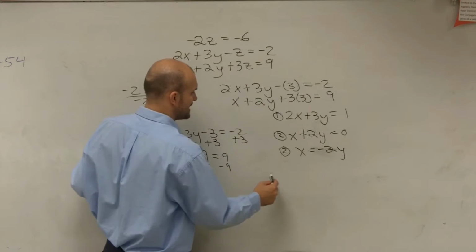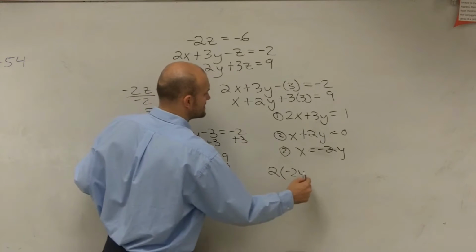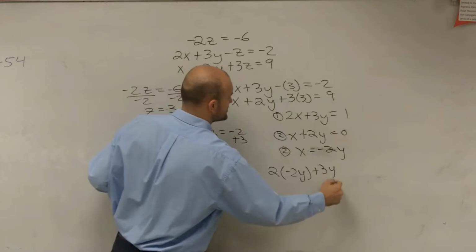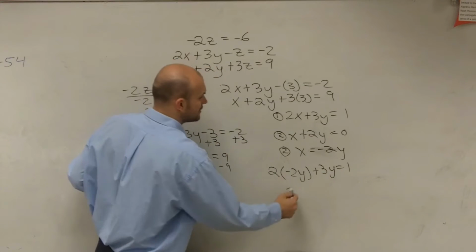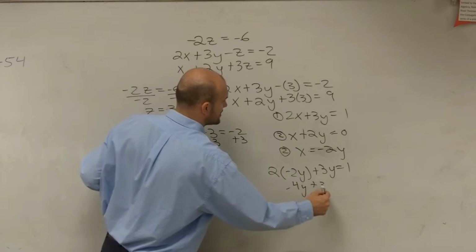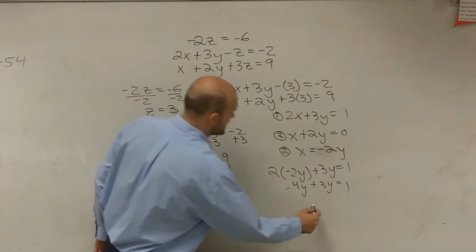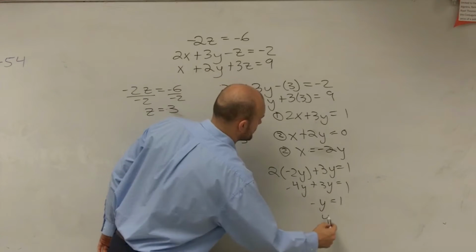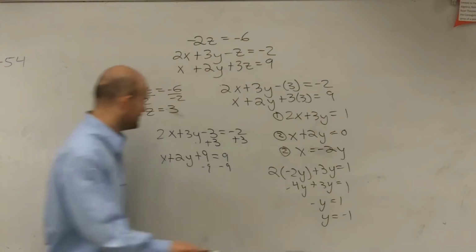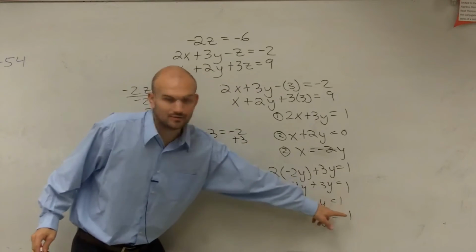Then I could plug that in. So I could do 2 times negative 2y plus 3y equals 1. Negative 4y plus 3y equals 1. That gives me negative y equals 1. y equals negative 1.